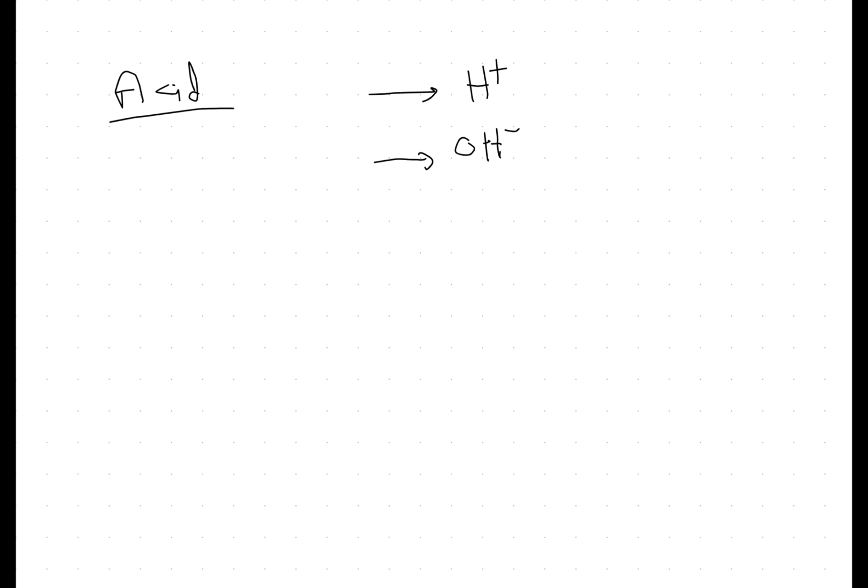Okay? So how do we write the equation? I have HCl. It will dissociate or ionize, it will give me H plus plus Cl minus. It gave me H plus, so this is acid.